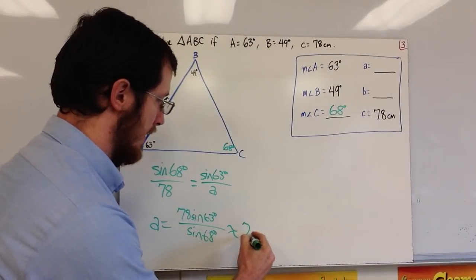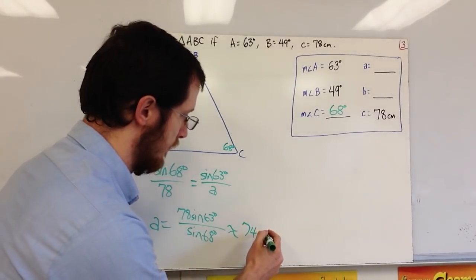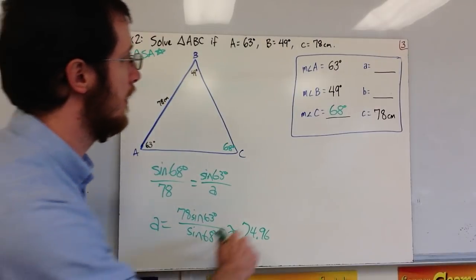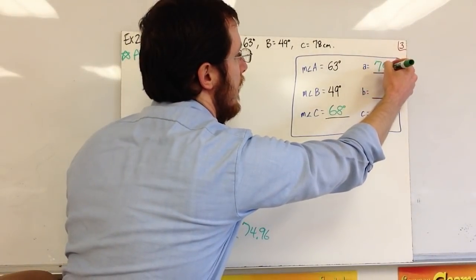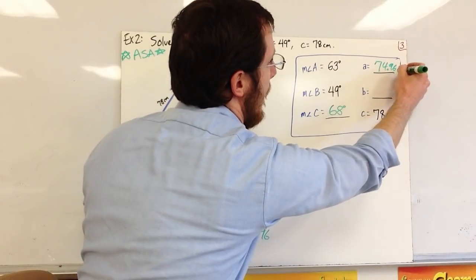And we should get 74.96. We'll just go out 2 decimal places there. Okay, so that's our side length for A, 74.96 hundredths. That's in centimeters.